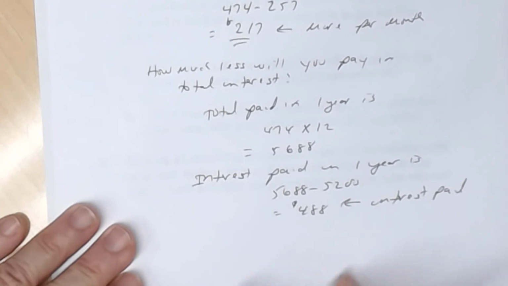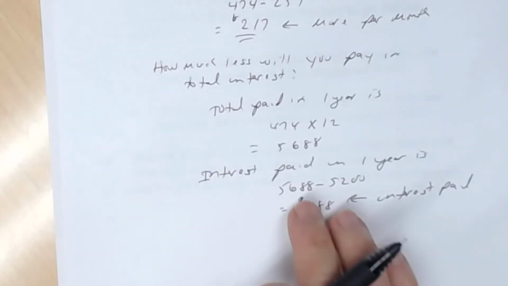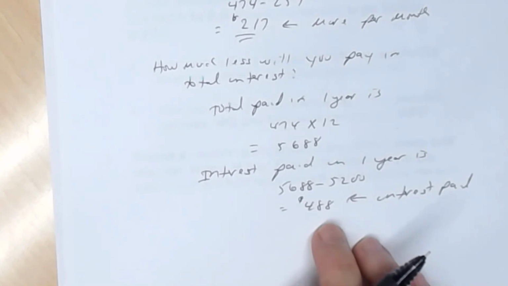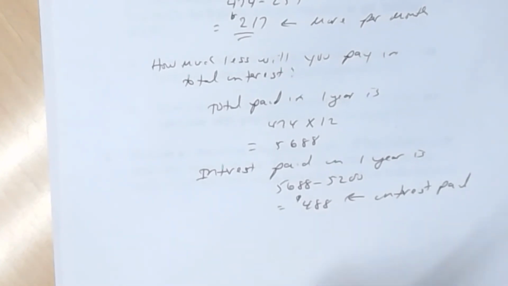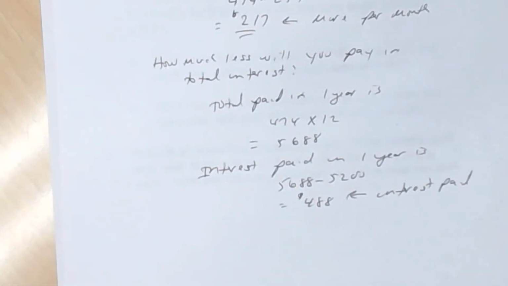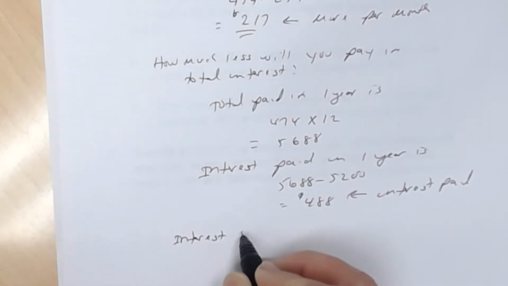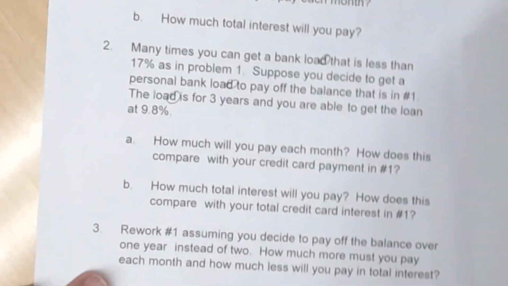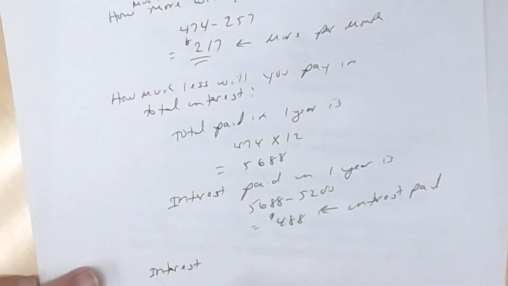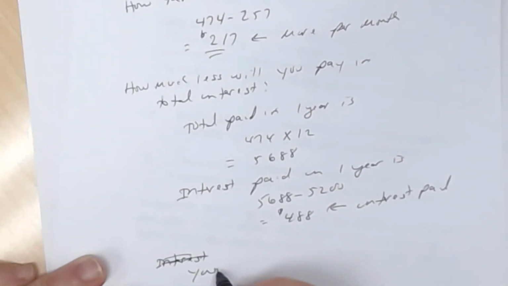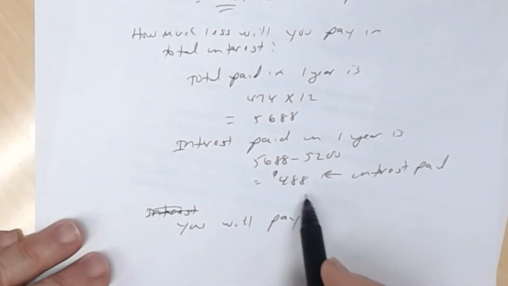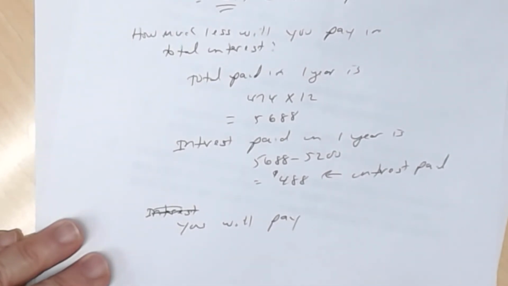All right. So over 2 years, remember, was this, right? Over 1 year, it's this. So you knew it was going to be less, and it's a pretty good amount. So the interest saved. How much less? Okay. So you will pay. All right. So we're going to take the 968.